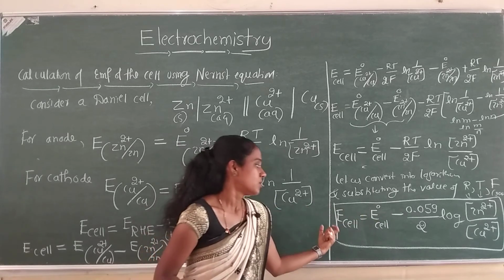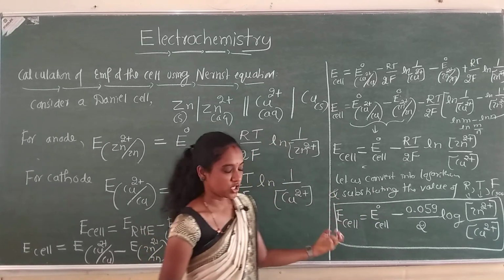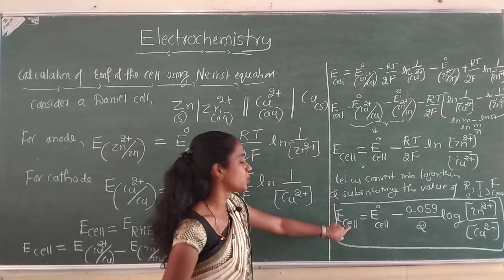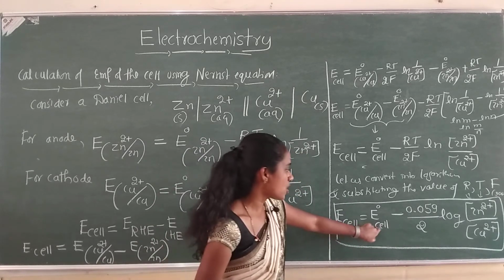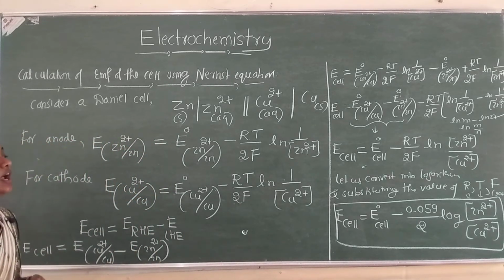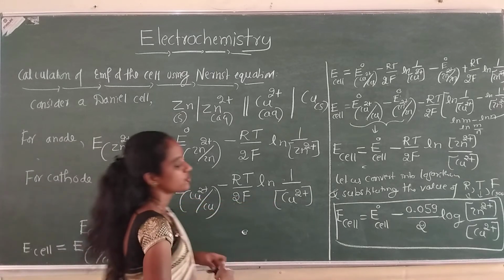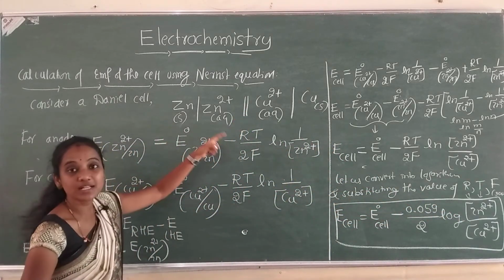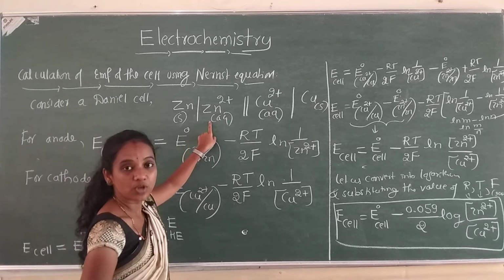Then how to calculate the electrode potential? We can make use of this Nernst equation, which is E cell is equal to E0 cell minus 0.059 divided by 2 log of, in the numerator you can see Zn2+. That means in the Daniell cell zinc is undergoing oxidation, right?